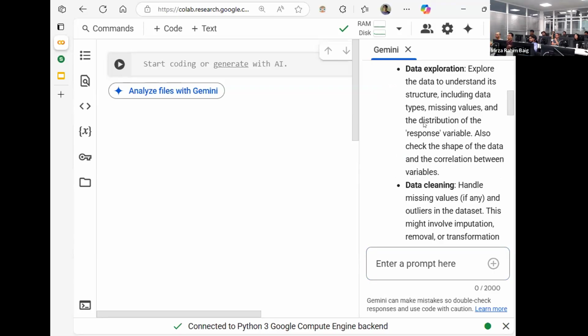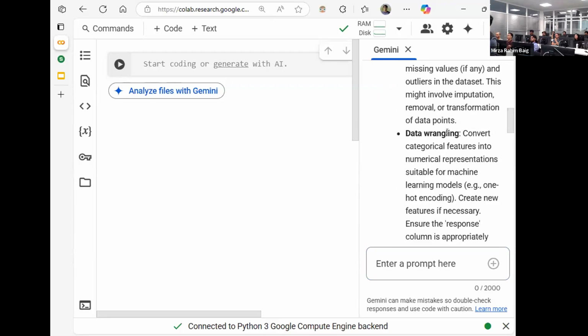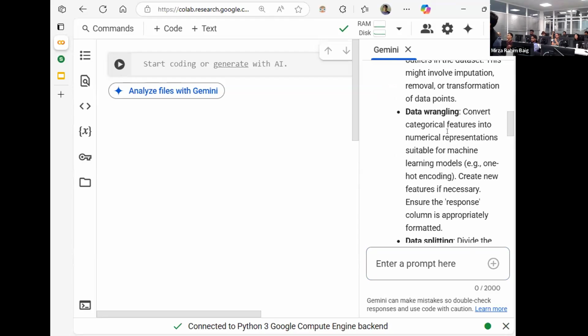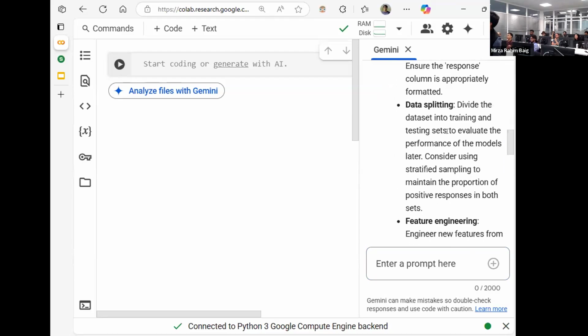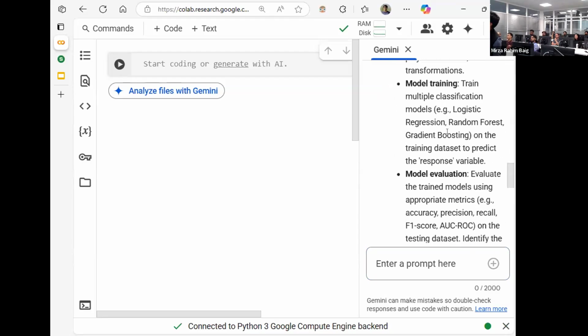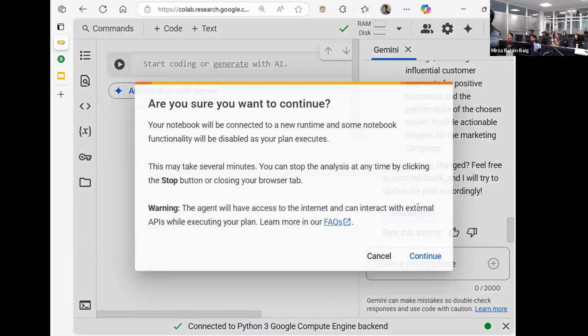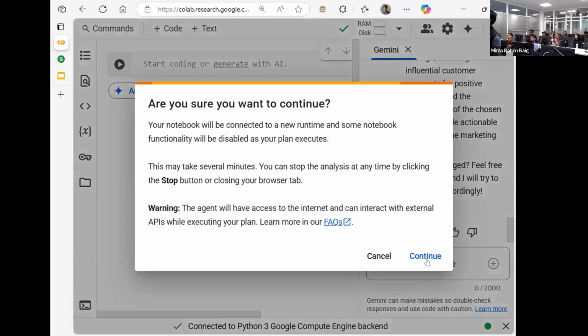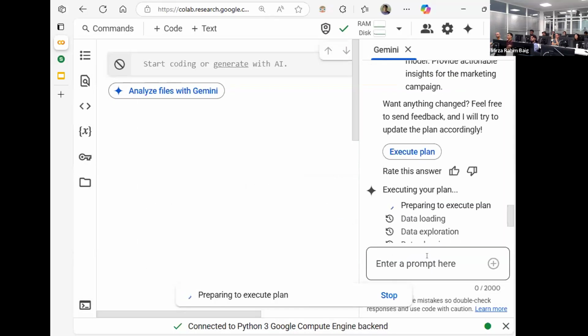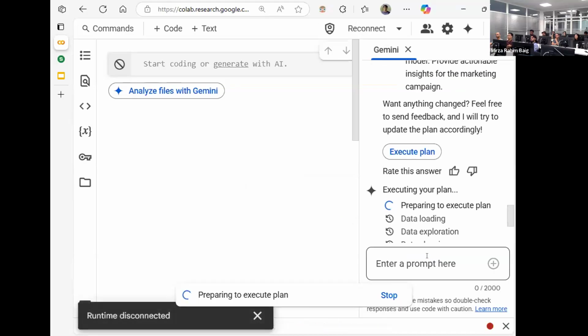Then I'll handle the missing values and outliers, perhaps perform imputation. And then data wrangling, convert categorical to numerical for machine learning models, data splitting, feature engineering, all of these things. It asks me whether to change anything or execute. I say, okay, execute the plan. And I say yes, I want to continue. What you'll notice is very soon you'll start seeing results.